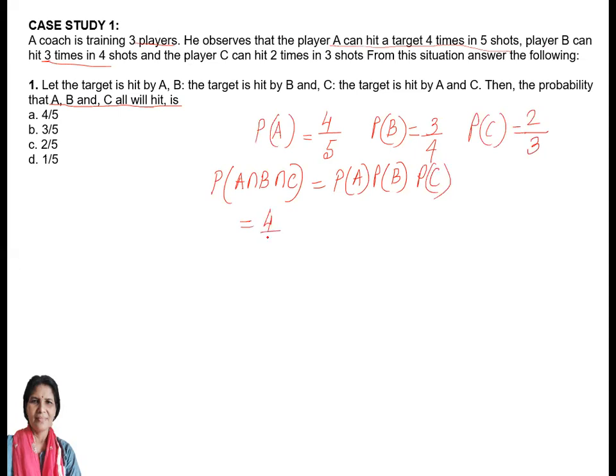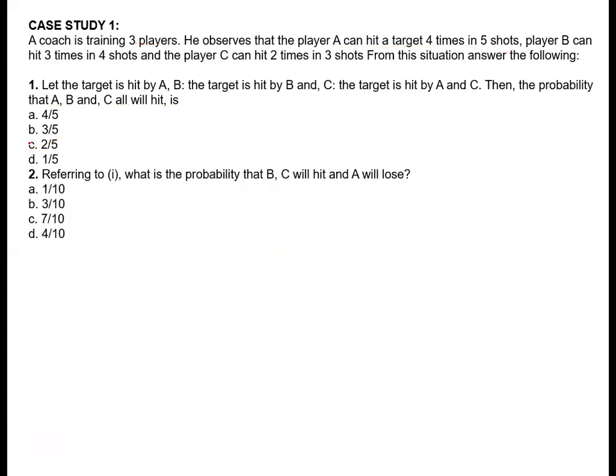So 4 by 5, multiplied by 3 by 4, multiplied by 2 by 3. This cancels, 3 cancels. So the answer is 2 by 5. Where is 2 by 5? C is the answer. All will hit means product of all of them. So part 1 we have done.